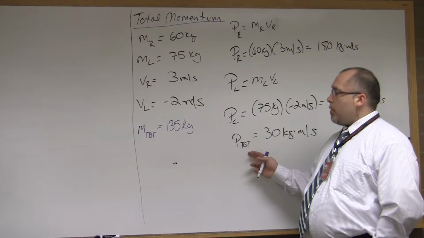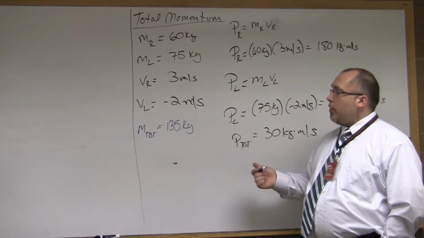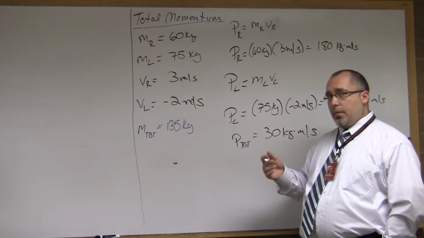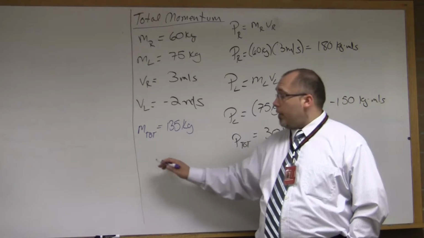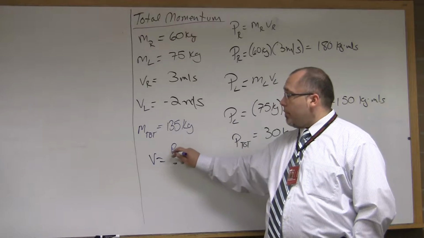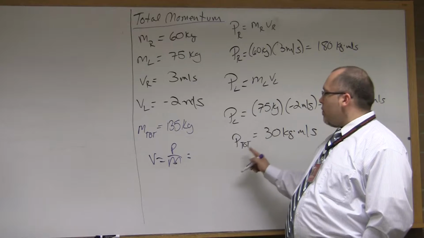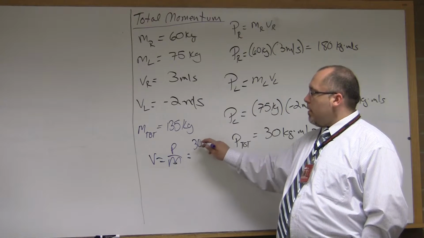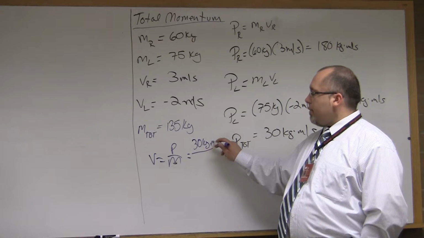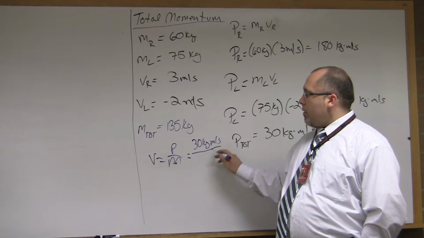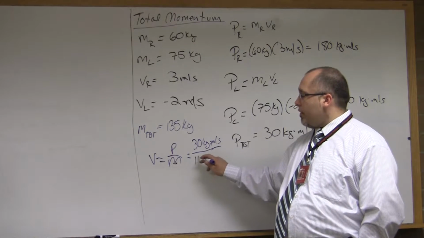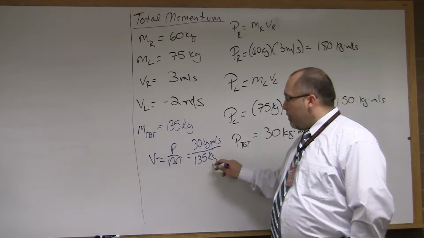Well, we have mass and momentum, we're looking for velocity. The original formula for momentum is P equals mv. If we rearrange that for velocity, velocity would be momentum divided by mass. So in this case, we have momentum of 30 kilogram meters per second divided by the total mass of 135 kilograms.